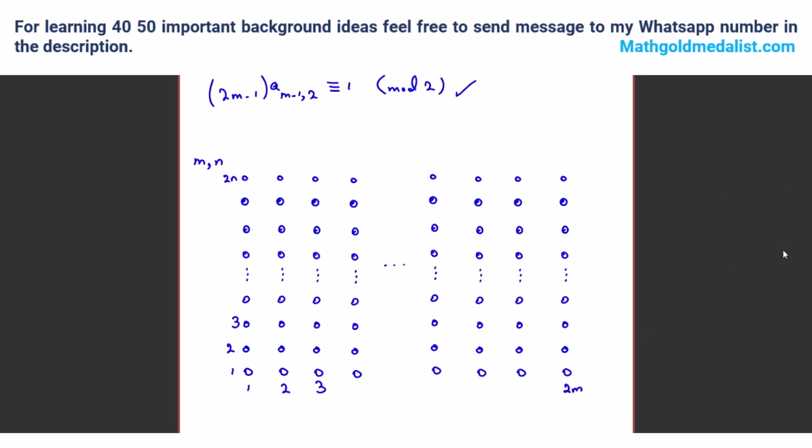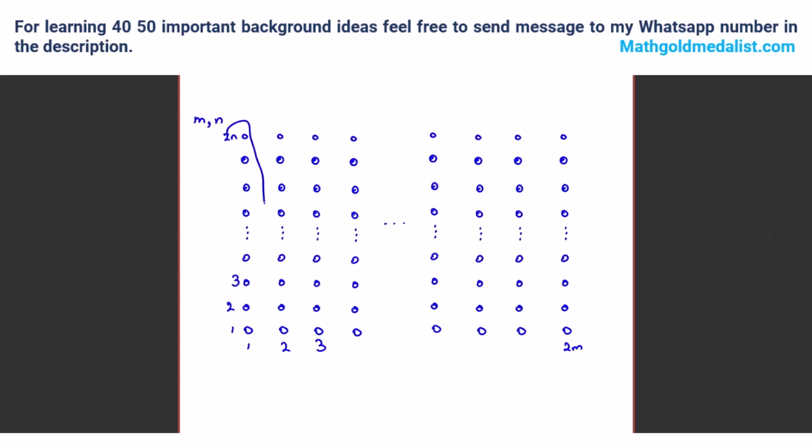We want to use the same thing. Again, how many ways can we split these 2n vertices into n pairs? I proved it is equal to 2n minus 1 times 2n minus 3, down to 3 times 1.